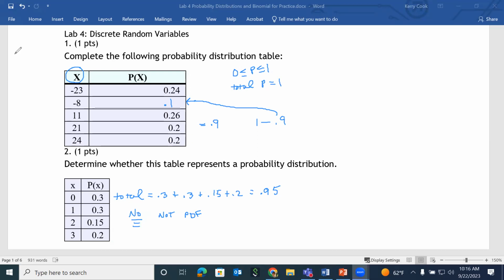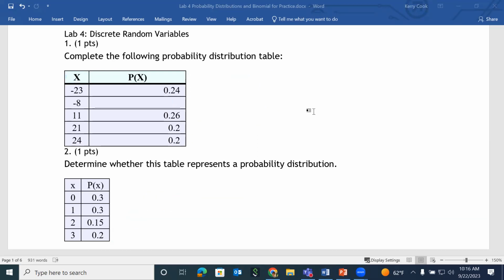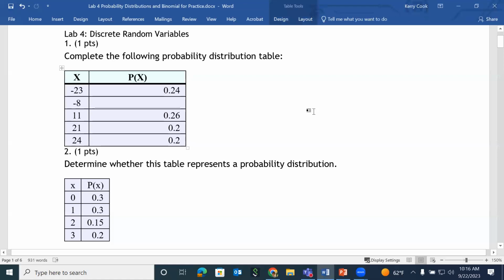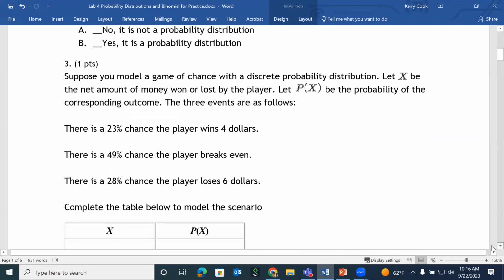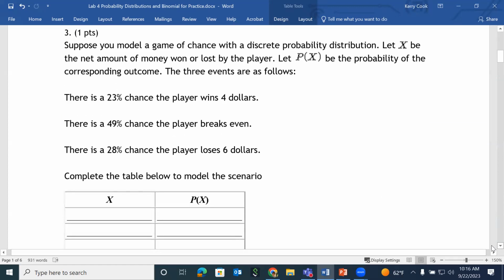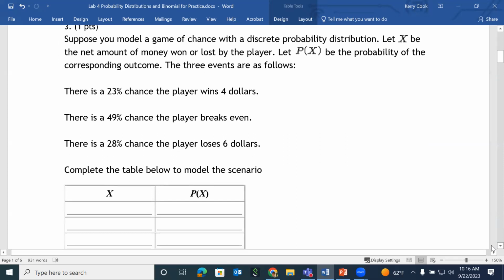So let's take a look at another example, and we'll scroll the page here a little bit. In this example, we're going to complete the probability distribution table. X represents the amount of money won or lost by a player in a game of chance.